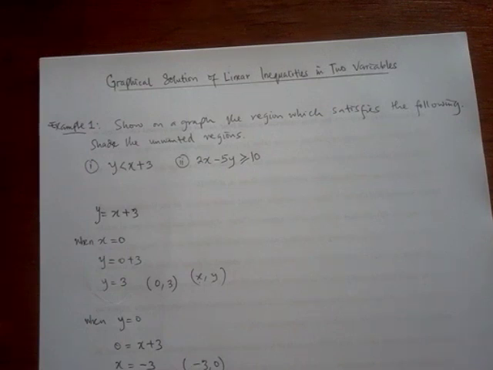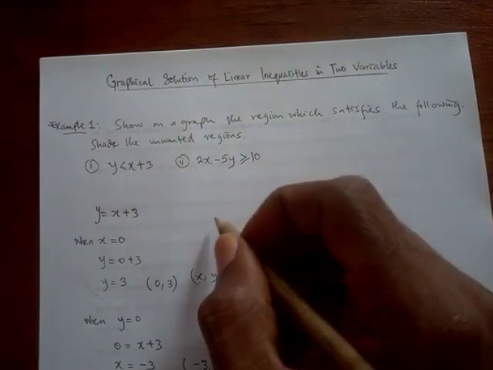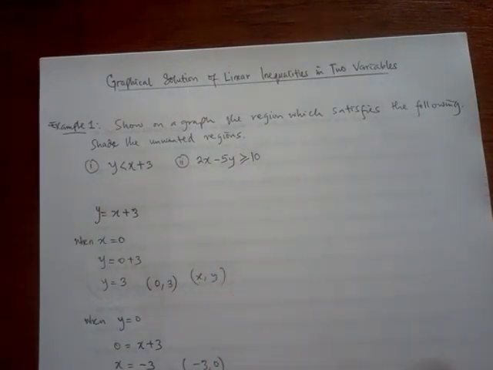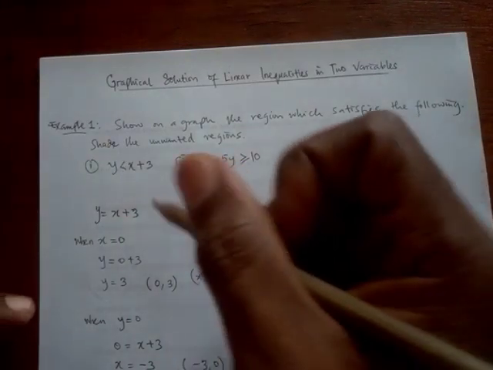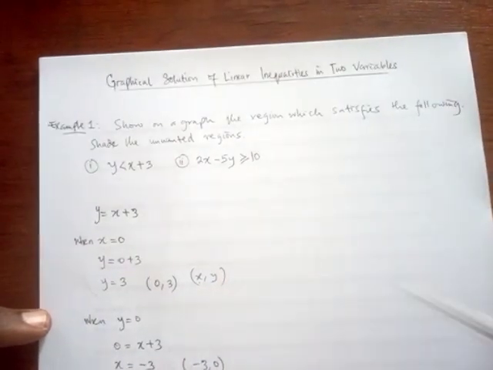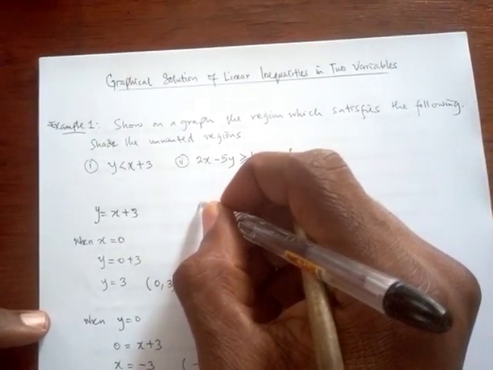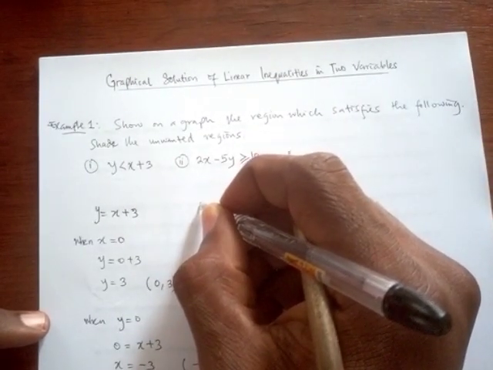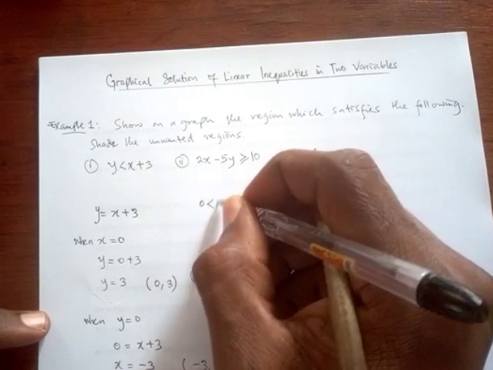So in this original inequality, we have 0 less than 0 plus 3. 0 plus 3 is 3, so we have 0 less than 3. So the question is, is 0 actually less than 3? Yes, it is. So if it is true, then we'll shade the reverse side. But if it is false, then we'll shade that region.